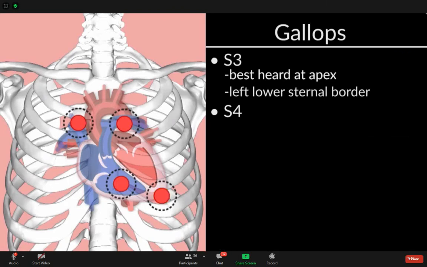It can be normal in children and young adults, although it can also be reflective of patients with dilated ventricles and decreased compliance. Fourth heart sounds are heard also at the apex, and these are always pathologic.